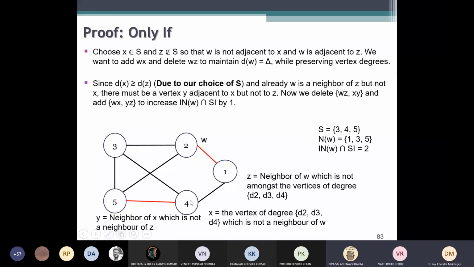Okay, so I will create an edge from here. If I create an edge here, its degree became from 3, it became 4. So I have to delete something from here. Any one edge I have to delete. So which edge I have to delete?